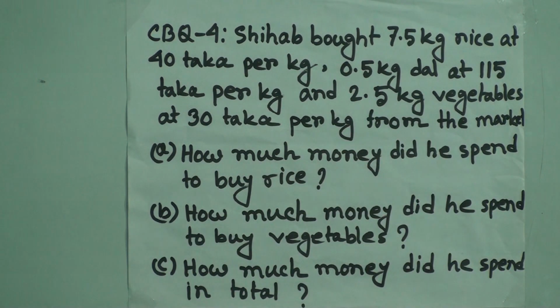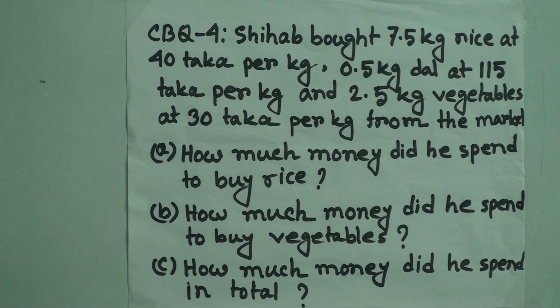Now in question number C, at first we find out the price of 0.5 kg dal at the rate of 115 taka per kg. After that we do addition of the prices of these 3 articles, then we get the total amount of money. Do you understand? I hope you have understood because I know you are very smart learners.